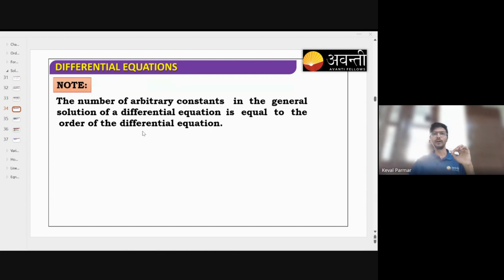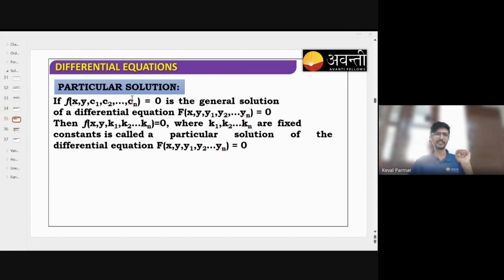We saw last time that the number of arbitrary constants equals the order of the differential equation. We'll not go into detail on this because we have done it last time. Now there are two types of solution, general solution and particular solution. General solution means the solution in terms of arbitrary constants.